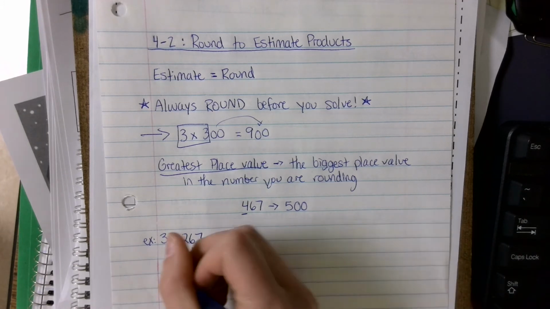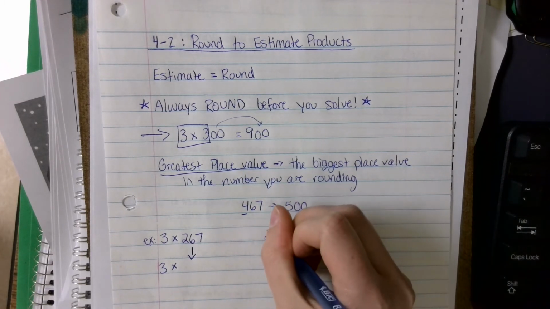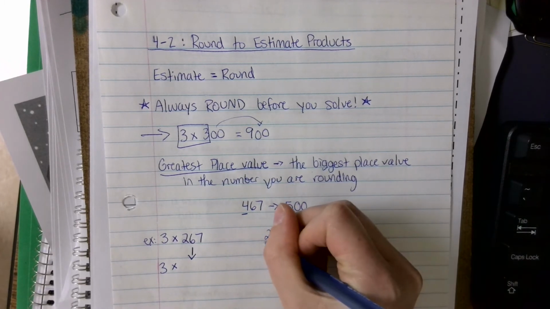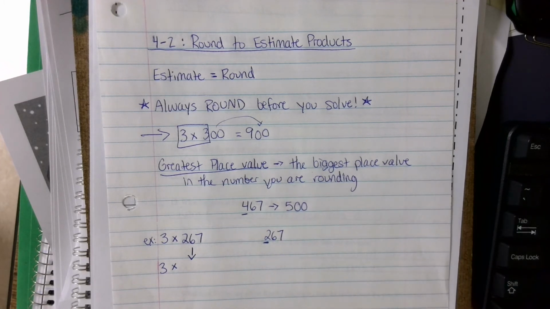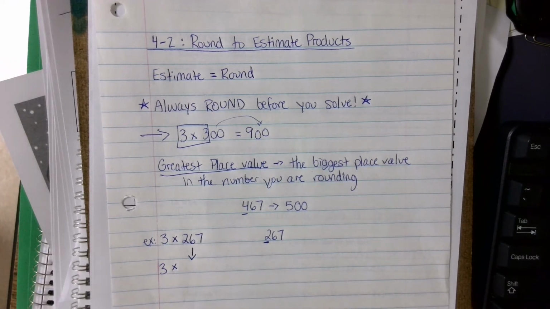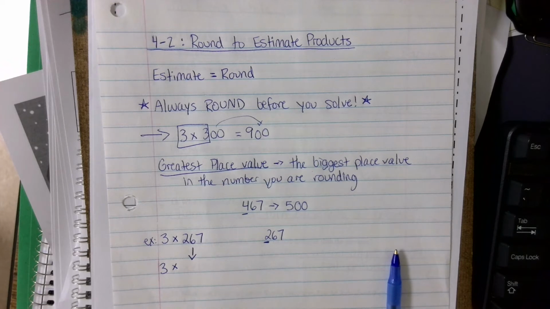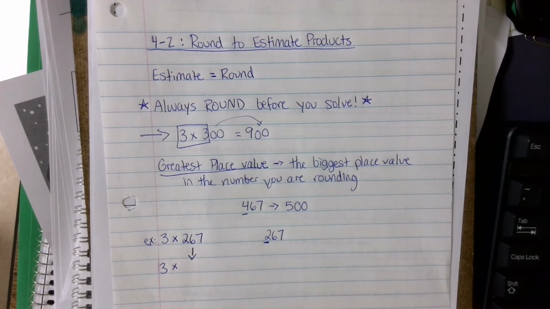So I'm going to leave 3 the same. I'm going to bring down my multiplication symbol, but now I have to round the number 267. So I have to go with the greatest place value, and that's where I'm rounding to. So basically, in this case, you're never going to have to look back to see, did I leave any digits behind? You're always going to have one regular digit, and then the rest of your digits will be zeros to the right. So that kind of helps make rounding a little bit simpler in this lesson.